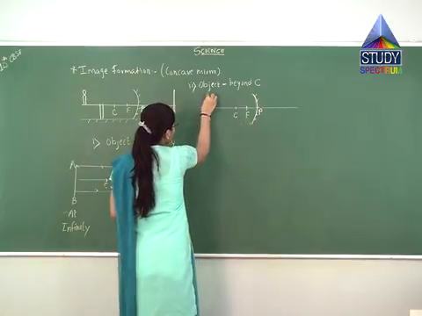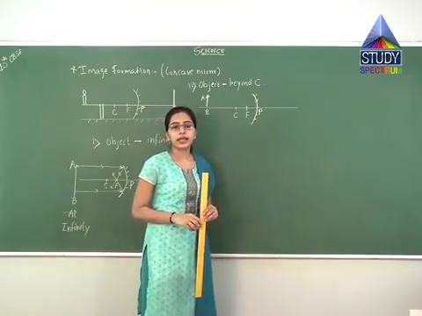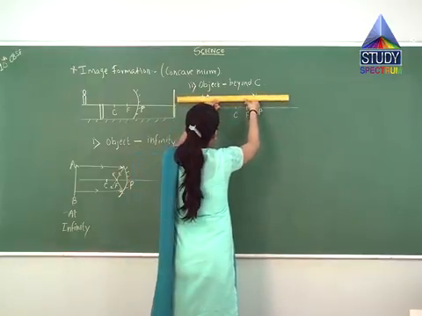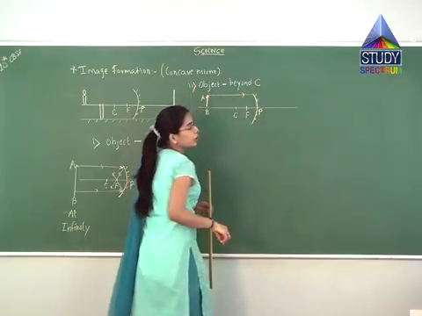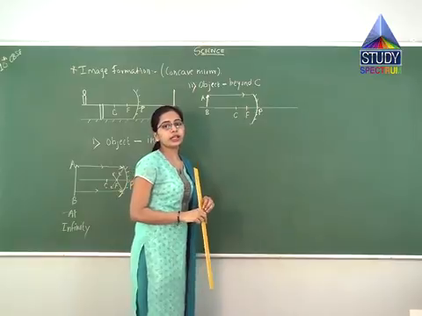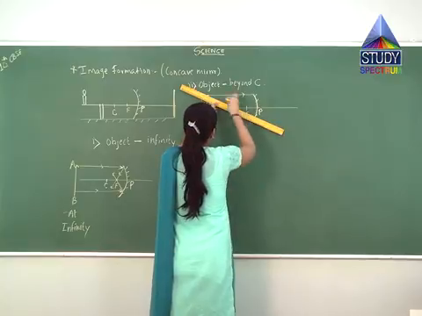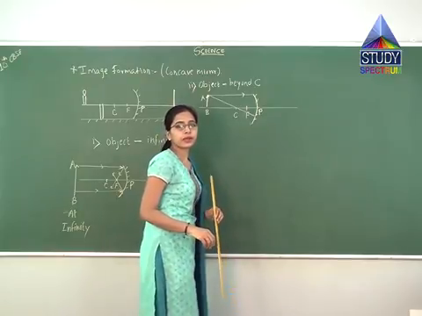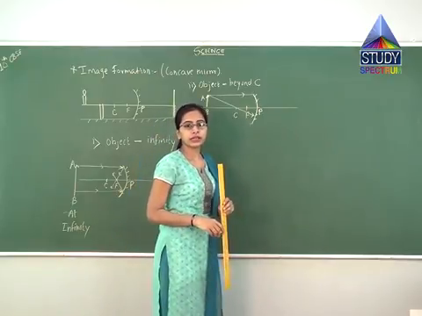Now here, suppose this is the position of the object. It is A, B. Then how will rays travel? One ray will come from A. It will be parallel to the principal axis, and one ray will be traveling through your center of curvature like this, and it will get reflected.